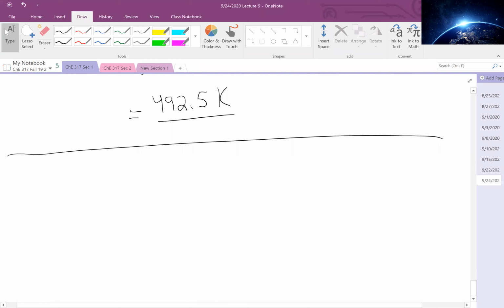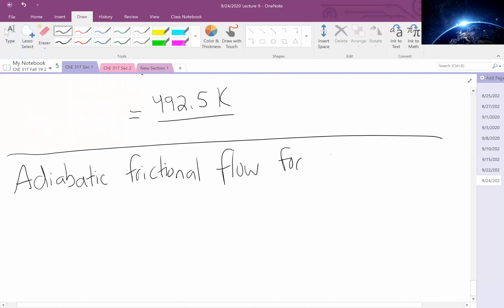let's look at our second system under consideration, which is adiabatic frictional flow for compressible fluids.